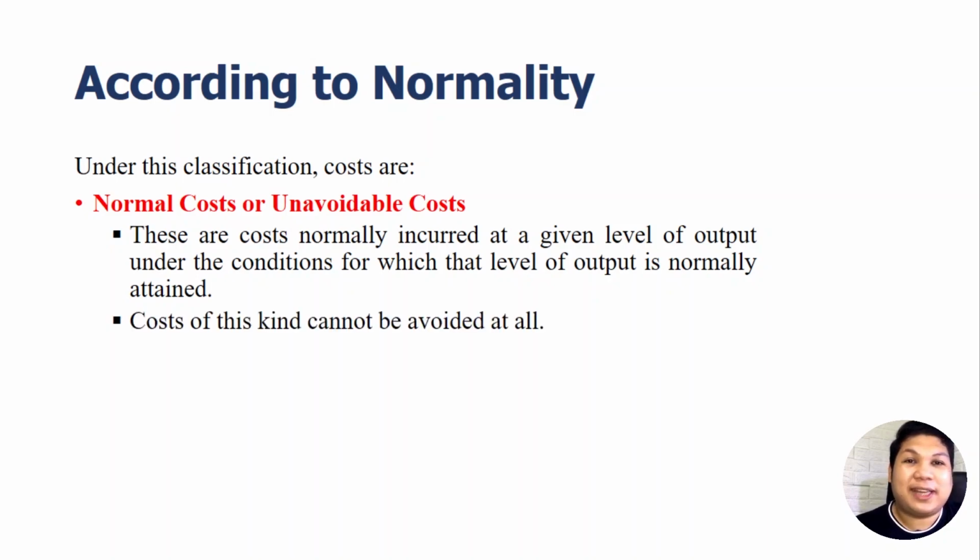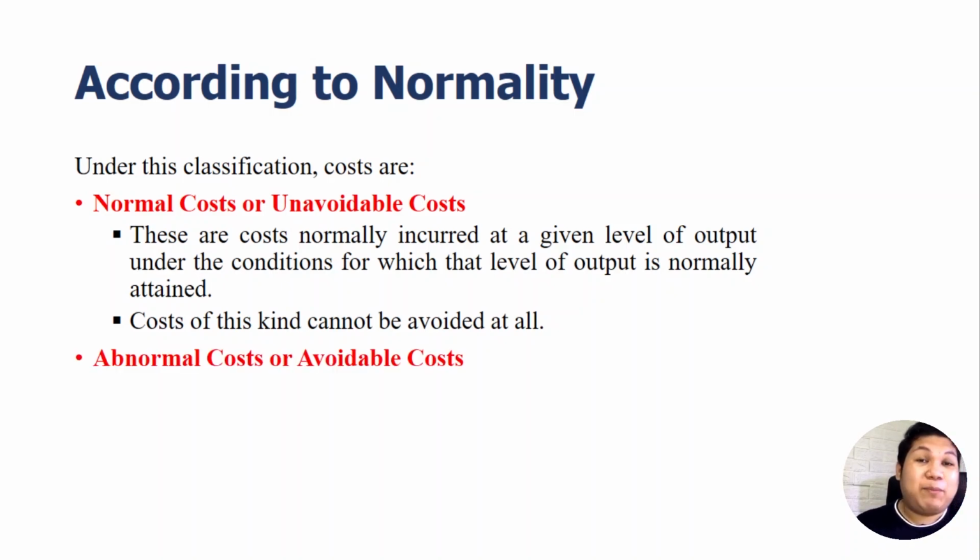And these costs cannot be avoided at all because this is normal. So the cost that you spend on the salaries, the materials, the labor, electricity, depreciation, those are all normal costs. And those cannot be avoided because again, they are normally incurred. They cannot be avoided. Okay?